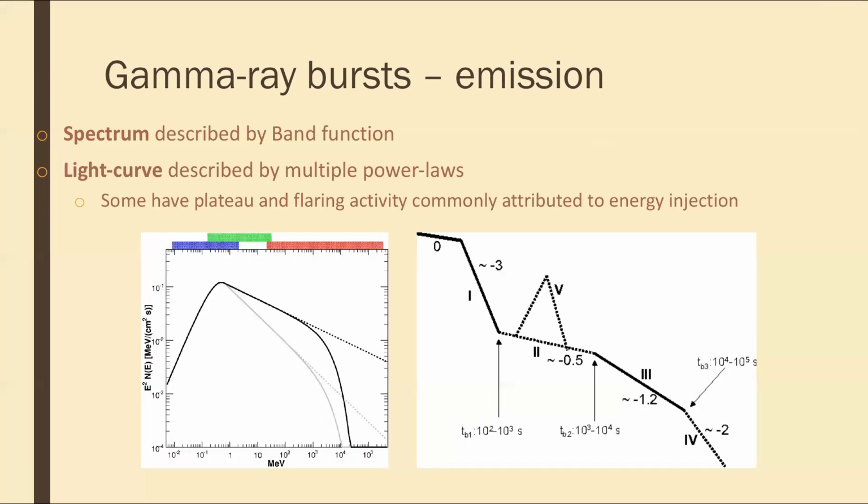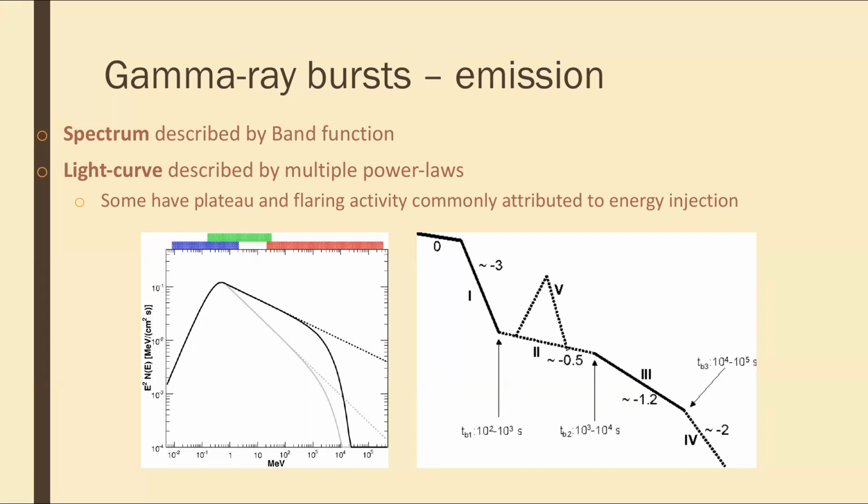The emission is seen as a Band function in the spectrum, and in the afterglow, we detect multiple power laws. This example on the right is for the X-ray afterglow, which can have a prompt emission and then a steep decay, and sometimes a plateau or flaring activity, which is attributed to energy injection.